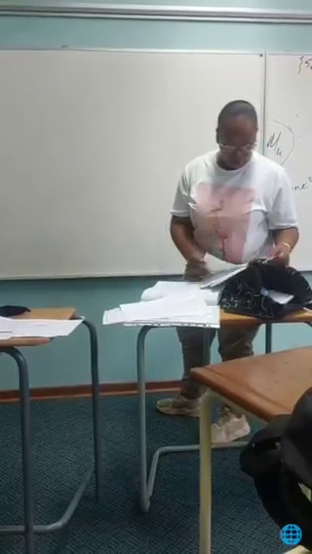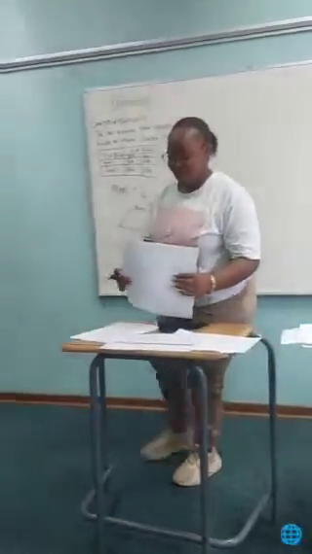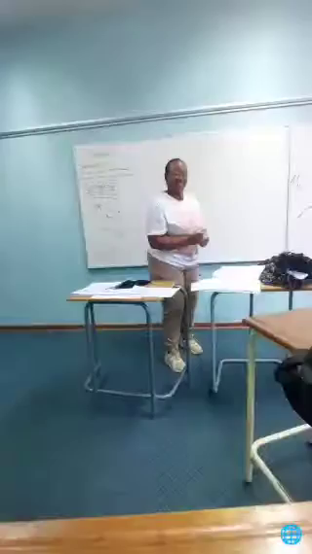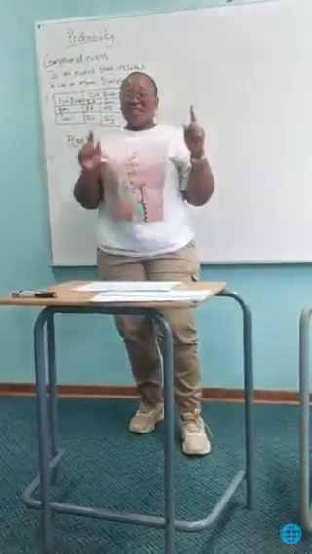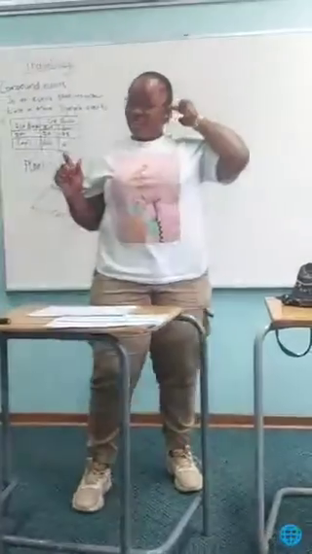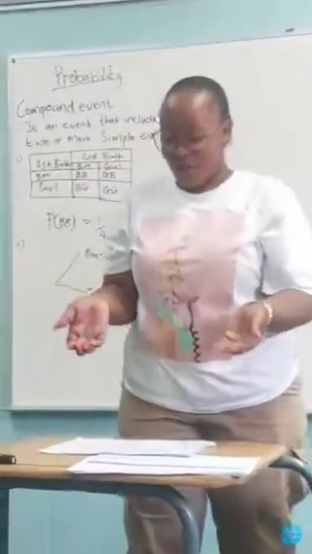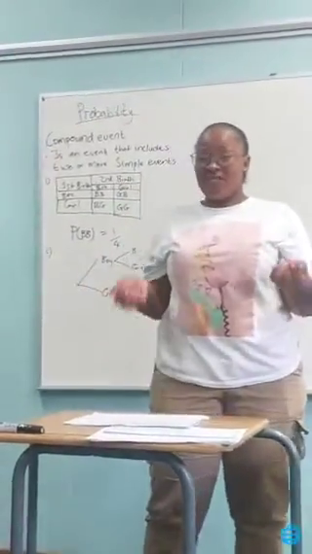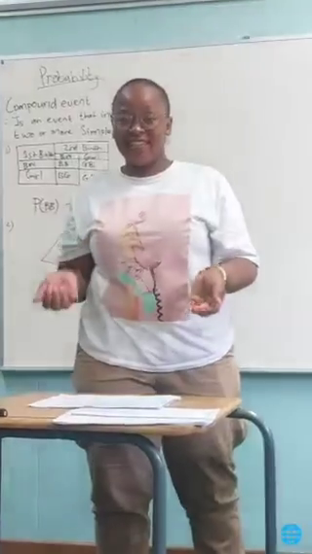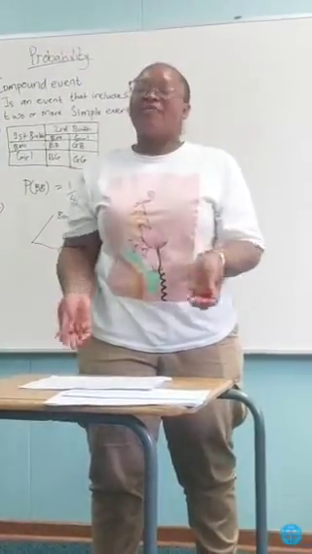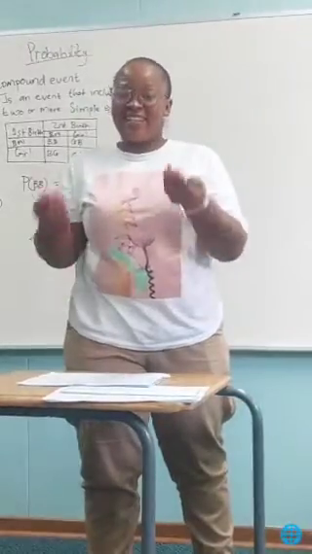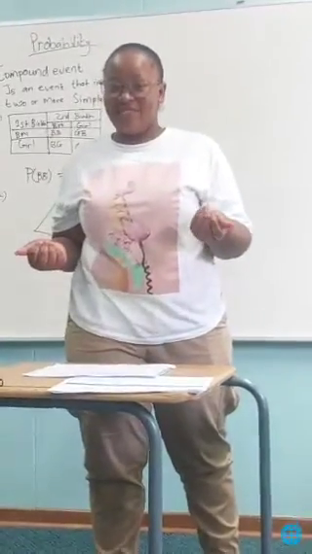Now, before we start, I want us to do a little bit of an experiment. I want you guys to tell me, if I toss 2 coins, what is the probability of getting a head and a tail, a head and a head, and a tail and a tail? Are we together?